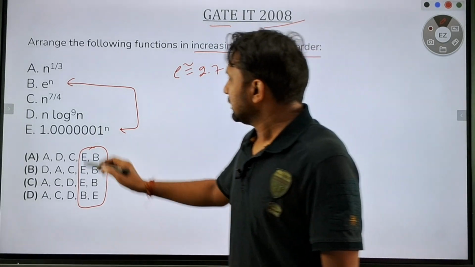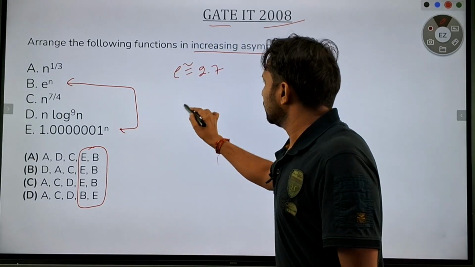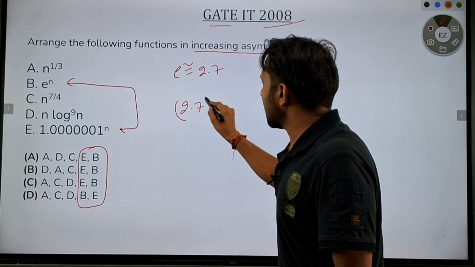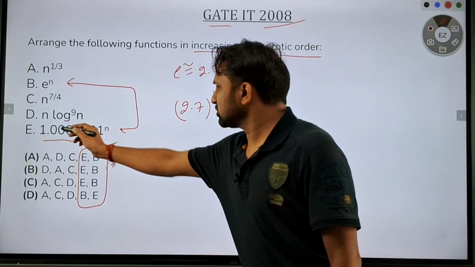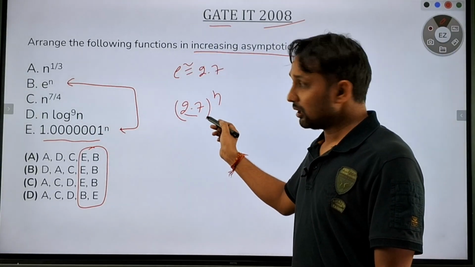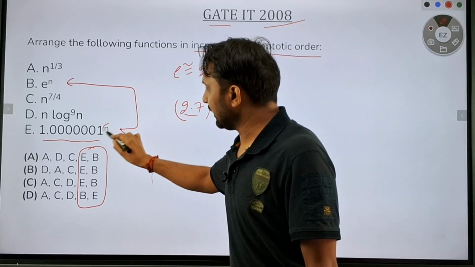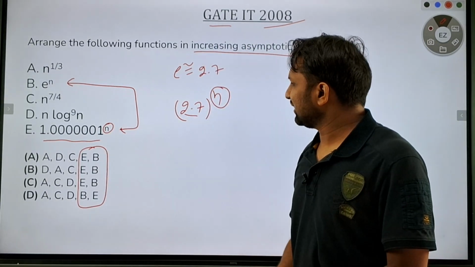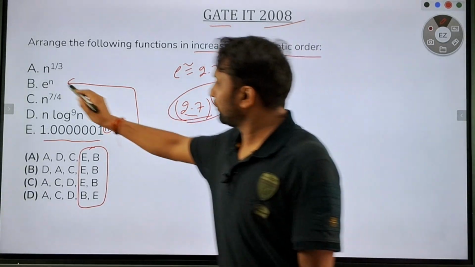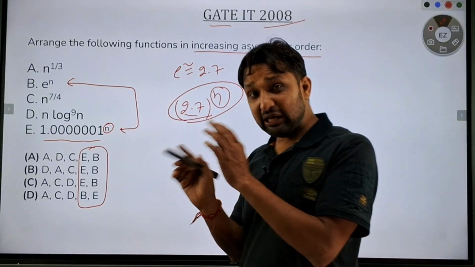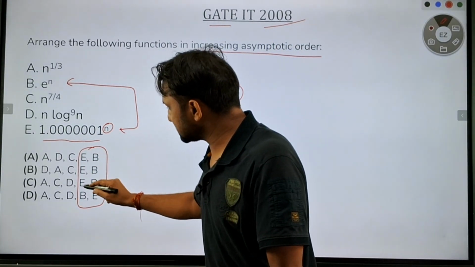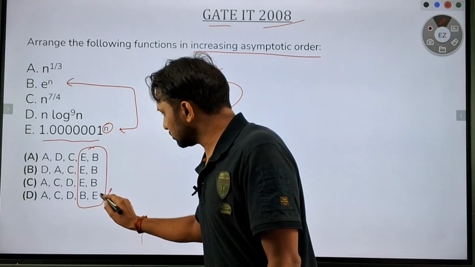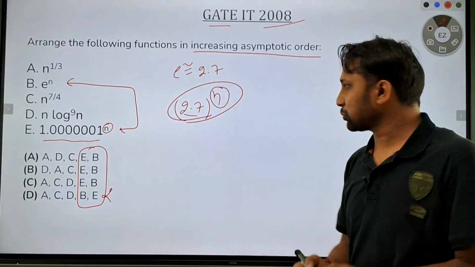So 2.7 power n, you're comparing with this. This value is smaller than 2.7, power is the same, n. You can see directly that this one is greater. So B is greater than E, so E must come earlier. In three options E is coming earlier, here B is coming earlier. So this cannot be the option. We eliminated one option.